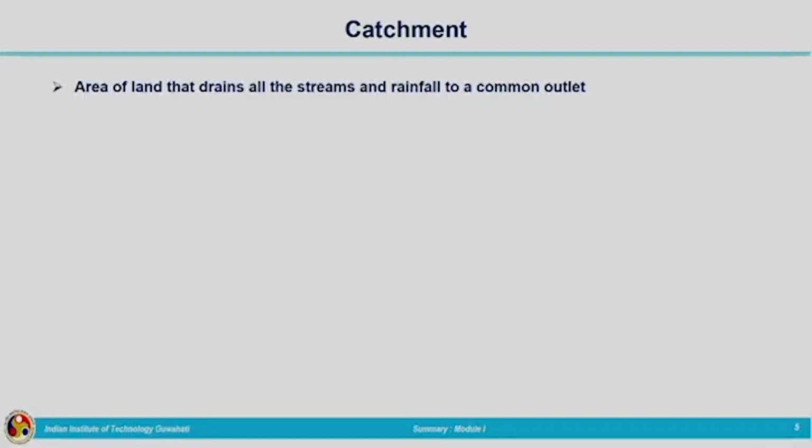What is catchment? Catchment is the area of land that drains all the streams and rainfall to a common outlet point. We have seen in detail in the lecture related to catchment that it has one outlet point. All the water falling on that particular catchment will be collected at one single outlet point, and this catchment has a well defined boundary.